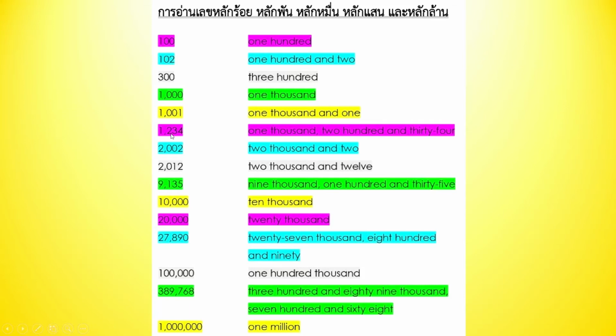For this number, 1,234, right? They have 1, 2, 3, 4. We call it 1,234. Next, this number, 2002.